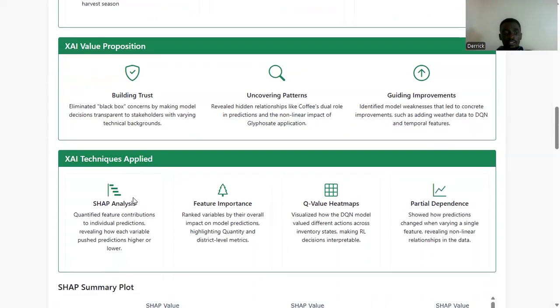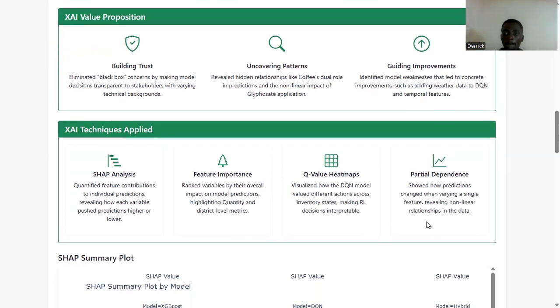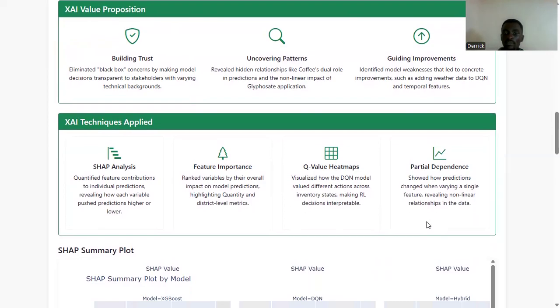And the AI techniques applied were SHAP analysis, which quantified feature contributions to individual predictions and revealed how each variable pushed predictions higher or lower. Then we had feature importance, which ranked variables by their overall impact on model predictions, and then Q value heat maps and partial dependence diagrams showed how predictions changed when varying a single feature.